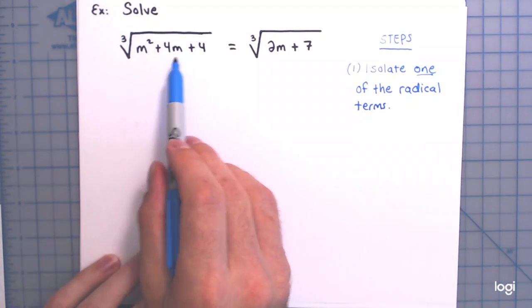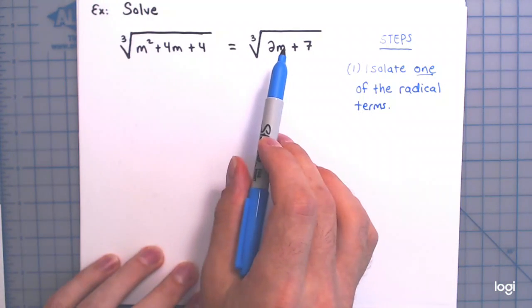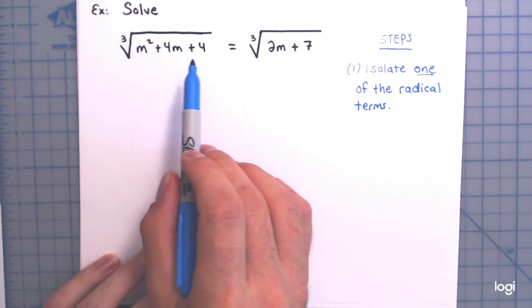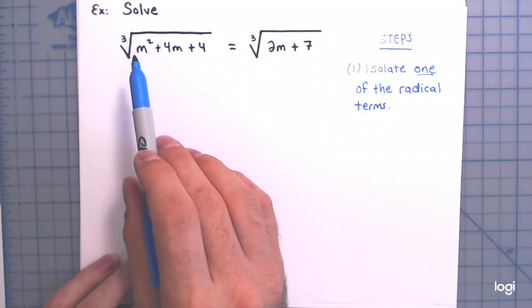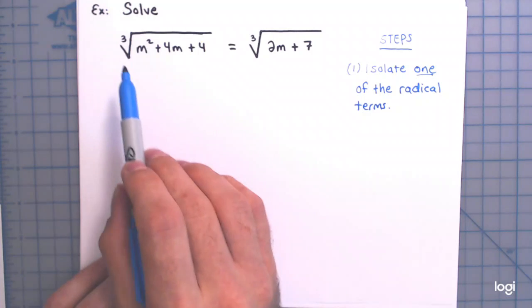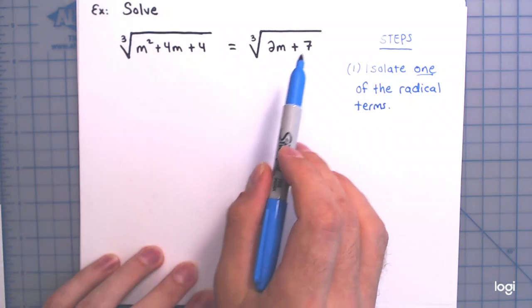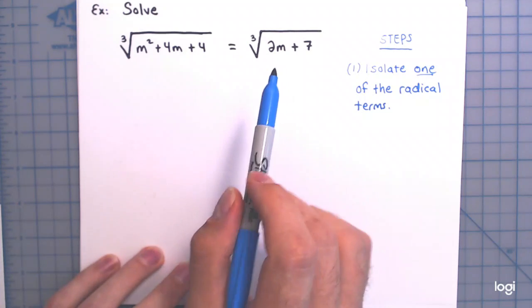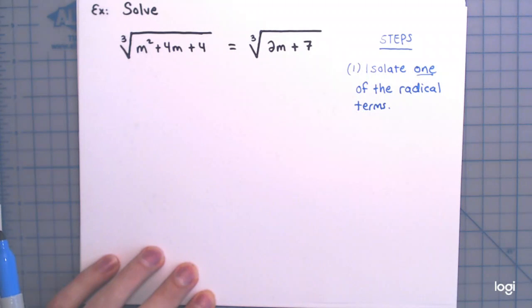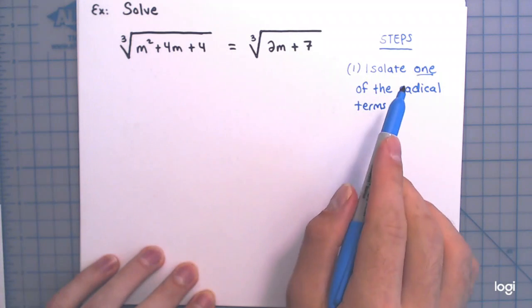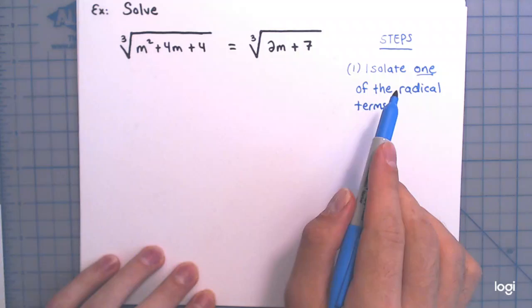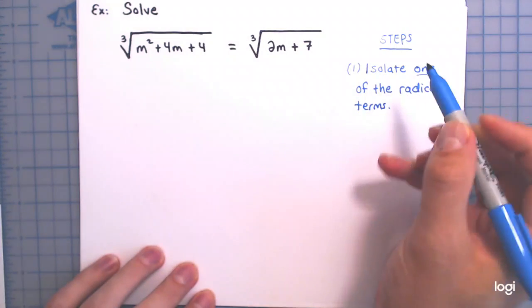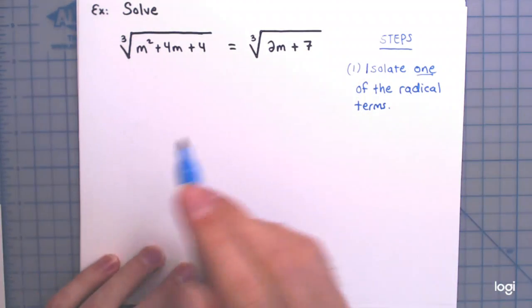Both of these happen to be alone. This cube root of m squared plus 4m plus 4 is already on its own side. Same thing with this cube root over here. I have one other example after this where it's a little more complicated and we have to actually do something to get this first step done. But for right now, that's finished.